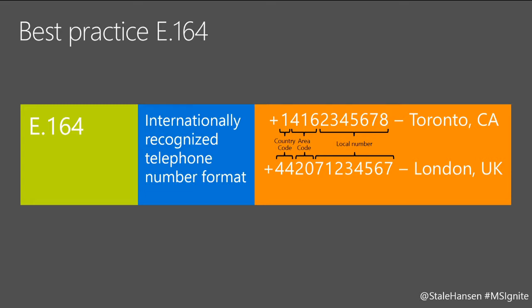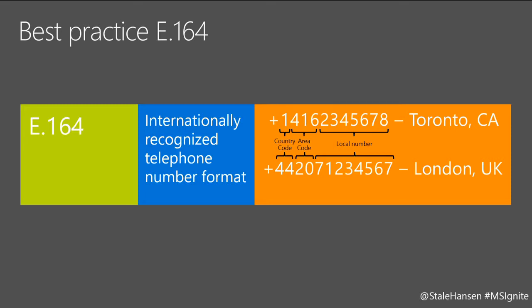And this becomes more important now that we have more global deployments. Because if you don't include the country code, for instance, we don't know what country you're trying to dial. So you have global deployments with users in Europe, in the US, in Asia. And it's a good practice to include the full E164 format, even within Active Directory.